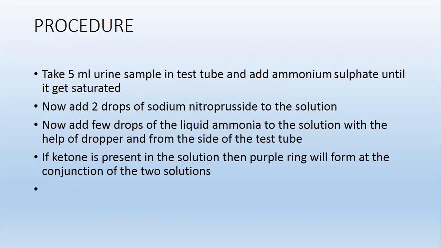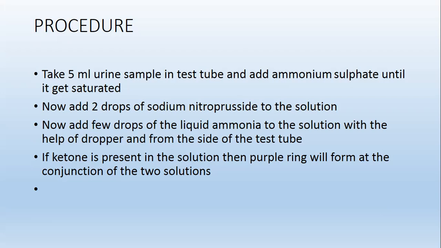Procedure: take 5 ml of urine sample in a test tube. Add ammonium sulfate until it gets saturated. Now add 2 drops of sodium nitroprusside to the solution.